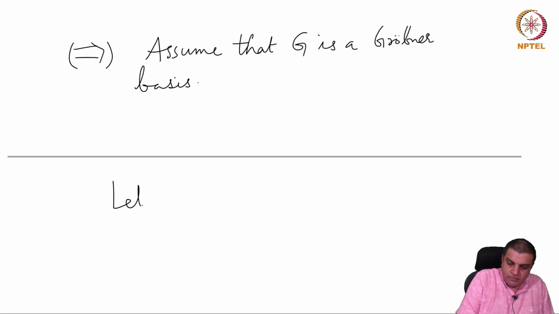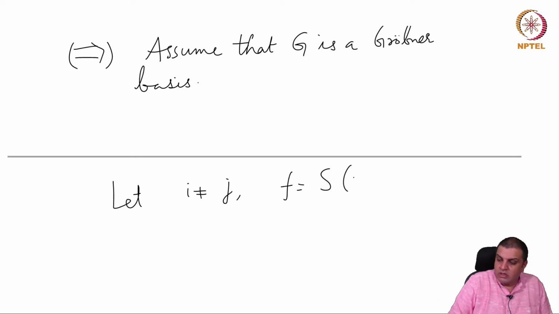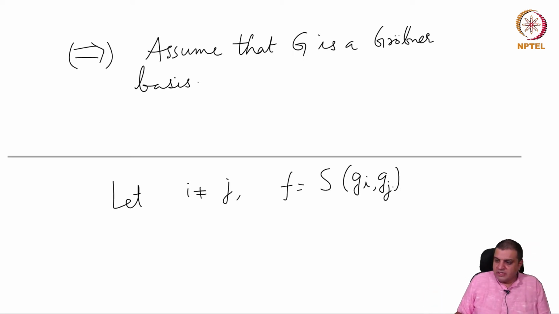Let i be different from j, and let F be the S-pair of Gi and Gj. Recall from the definition of the S-pair, first you multiply Gi by some monomial, then you multiply Gj by some monomial, and then you take the difference to remove the leading term. So this is inside I.